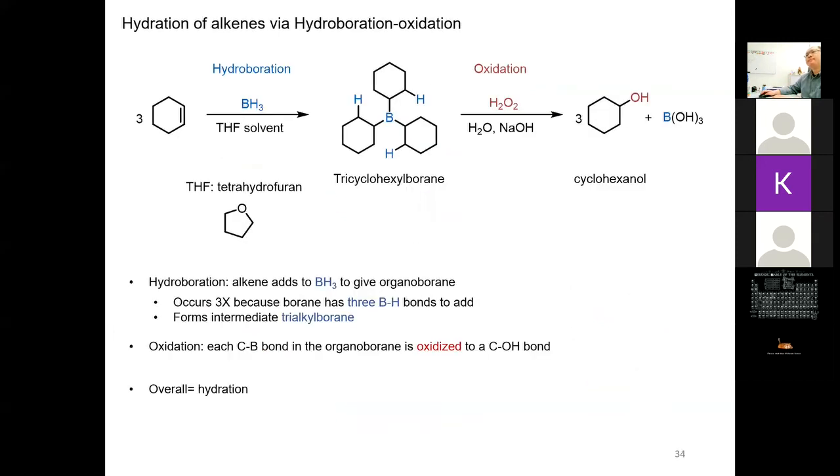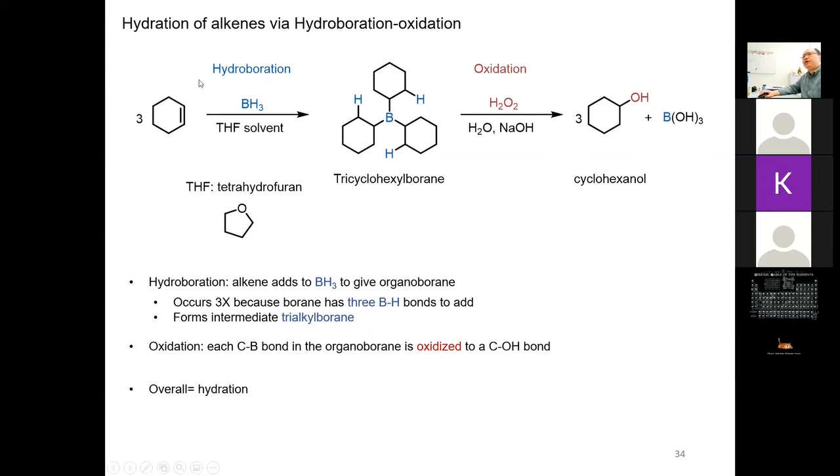All right. So all we talked about, the hydration catalyzed by acid and the hydration mediated by mercury, the oxymercuration-demercuration reactions, they are Markovnikov additions. All right. And what we have here is a new reaction called hydroboration-oxidation.